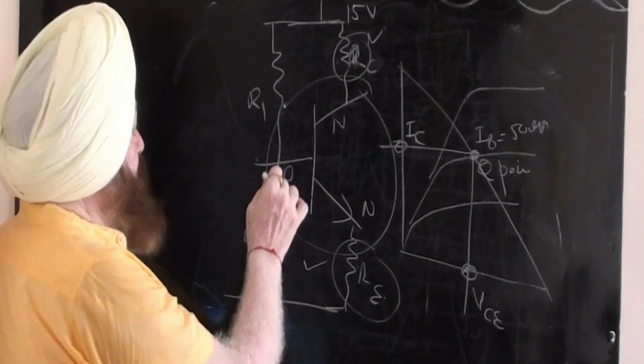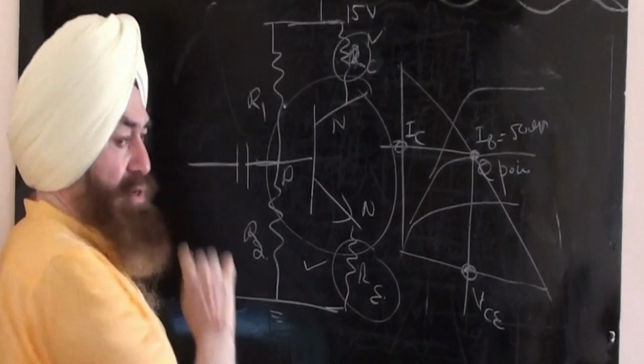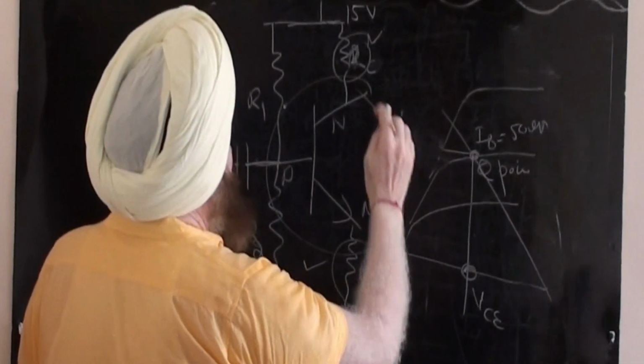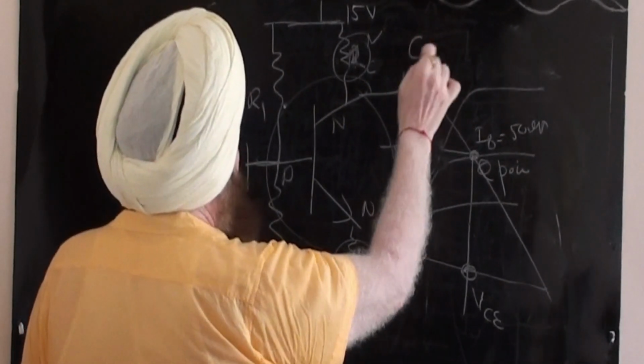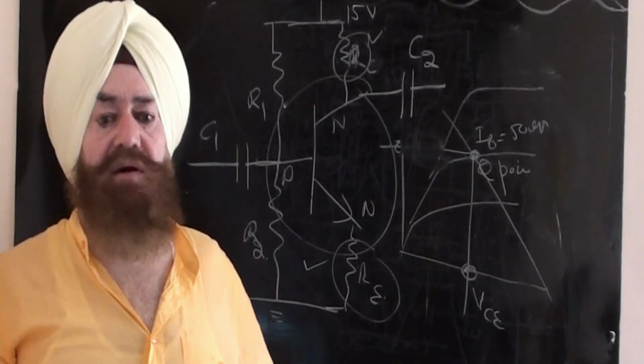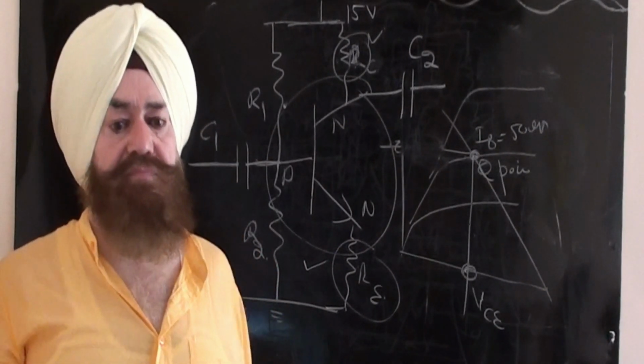Now there are the two capacitors. Here there is a capacitor C1, and here a capacitor C2. What is the function of the two capacitors, C1 and C2?